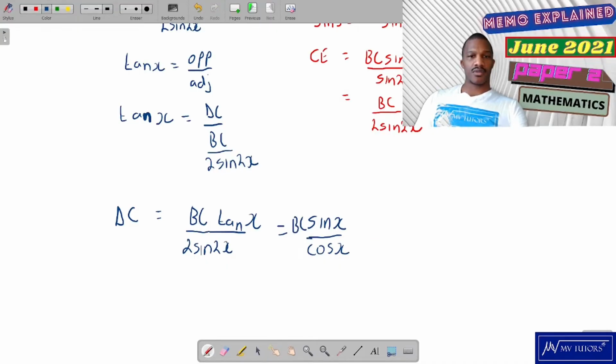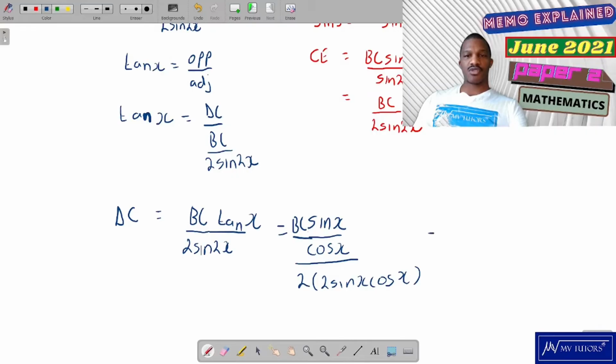BC, so BC times sine x over cos x, and then all of this is divided by 2. Now remember, 2 sine 2x expanded, we can rewrite it as 2 sine x cos x. All right, there we go.